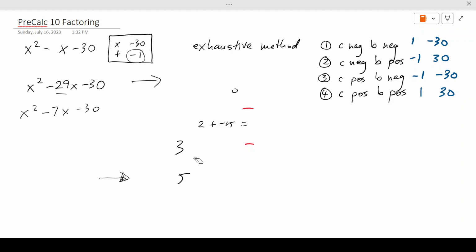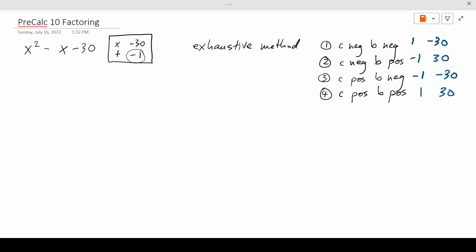This time, let's get one from type 2 here, a negative c again, and this time a positive b, okay? So we had before in the last video x squared plus 7x minus 30. That means that if we're going to solve this, we're looking for two numbers that multiply to negative 30 and add to positive 7. And we said, well, it could be 1 and 30, 2 and 15, 3 and 10, 5 and 6.